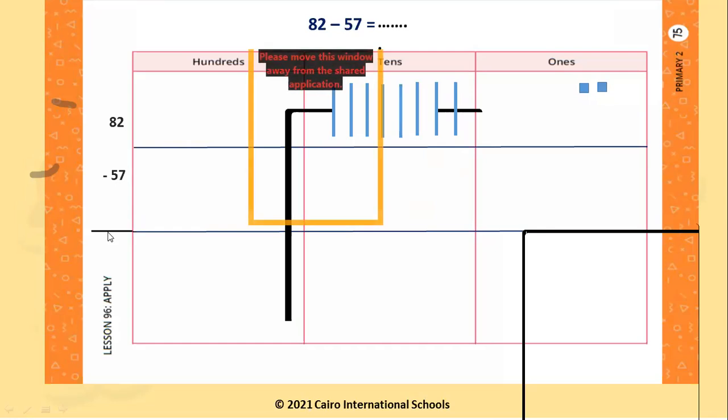And 57: 5 sticks in tens, 1, 2, 3, 4, 5. And 7 in ones, 7 many squares, 1, 2, 3, 4, 5, 6, 7.